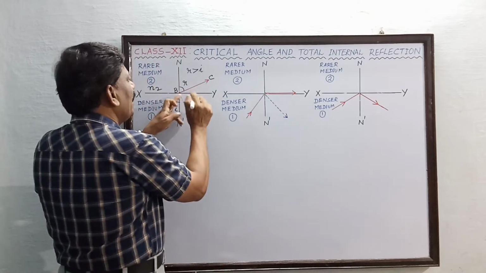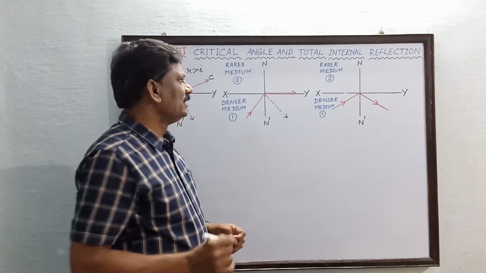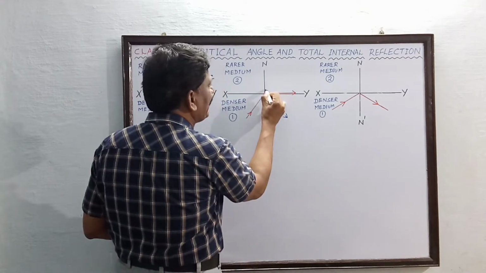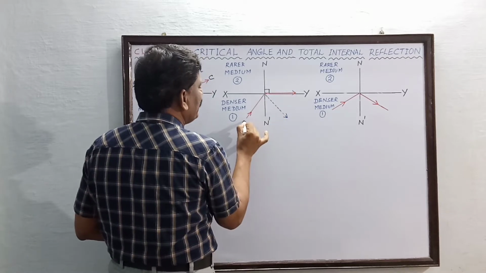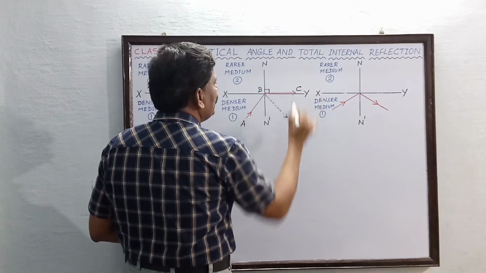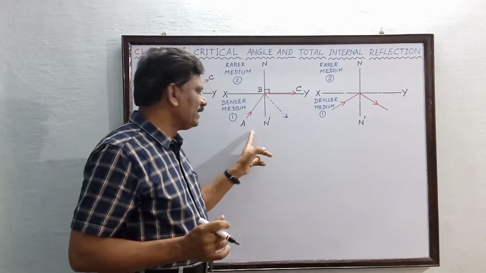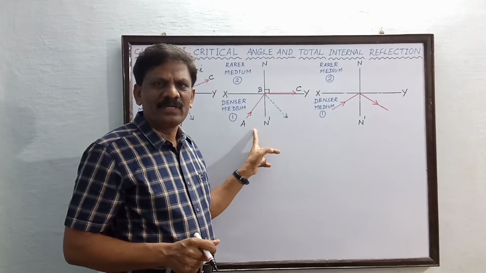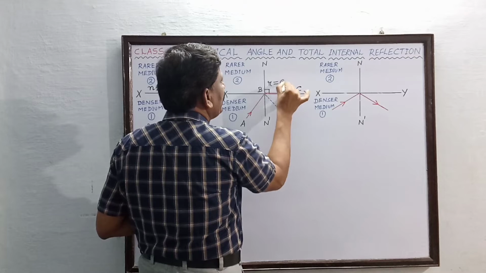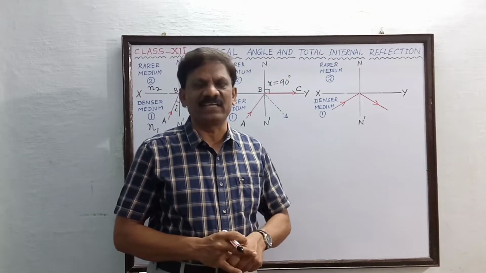As this angle of refraction increases, at one stage it will attain the maximum angle of refraction. This is shown in the second picture. I will take AB as the incident ray and BC as the refracted ray for a particular angle of incidence within the denser medium. The angle of refraction will be equal to 90 degree, which is the maximum possible angle of refraction.